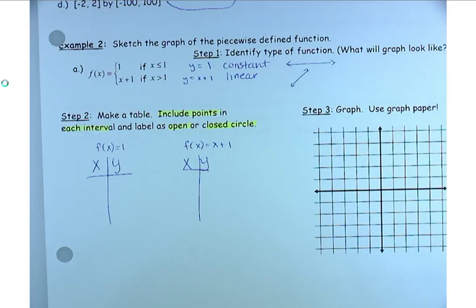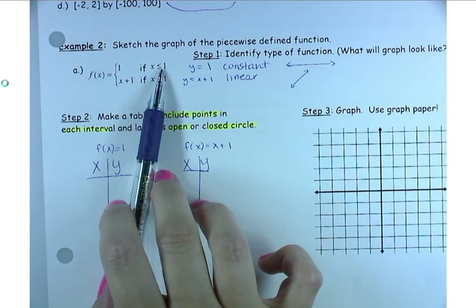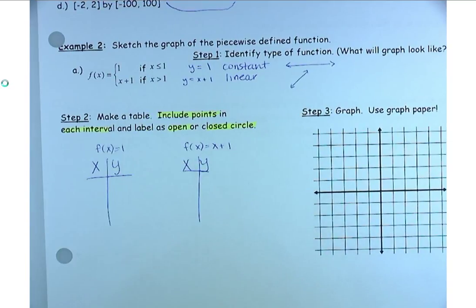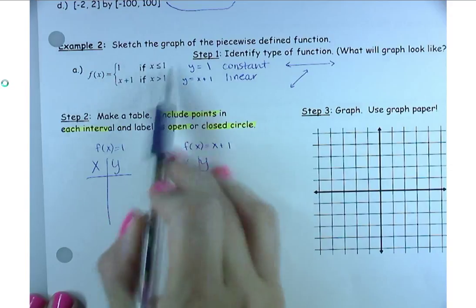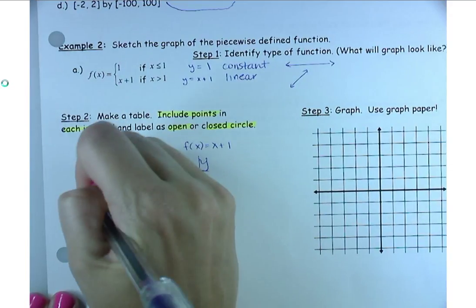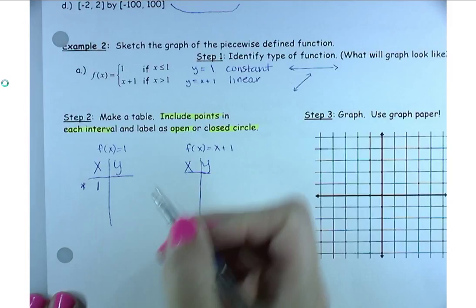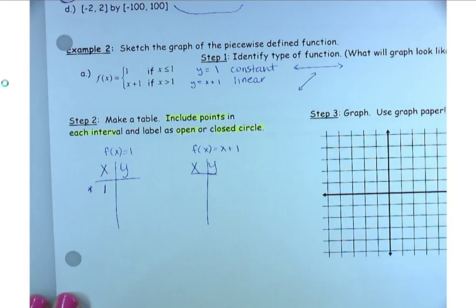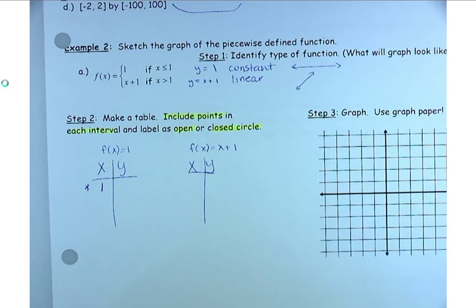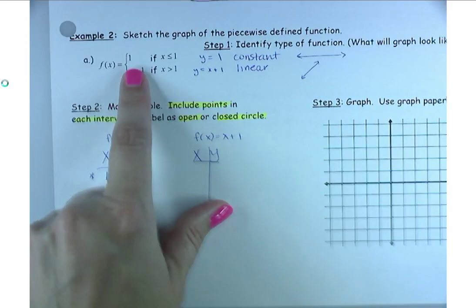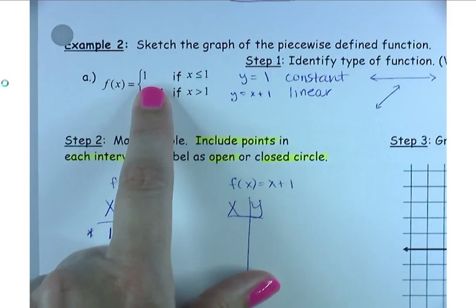Okay, so for my first equation, it says if x is less than or equal to 1. So whatever is included in this interval has to go on my chart. So I'm going to put a little star by it. That is going to be a key point, a key value. Now if I plug in 1, what is my output going to be for this? 1.